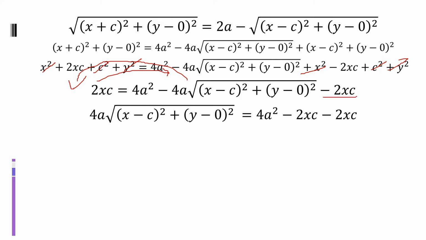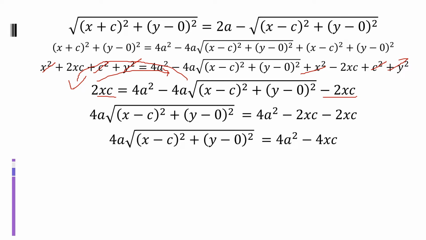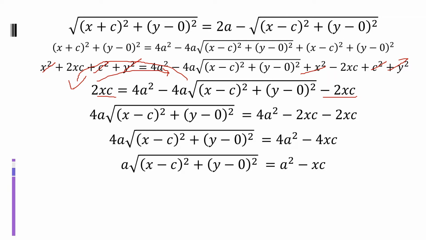So ito yung isang negative 2xc, ito yung isang negative 2xc. Or that is now 4a times square root of (x minus c) squared plus (y minus 0) squared equals 4a squared minus 4xc. And if we divide everything by 4, we now have a times the square root of (x minus c) squared plus (y minus 0) squared is equal to a squared minus xc.